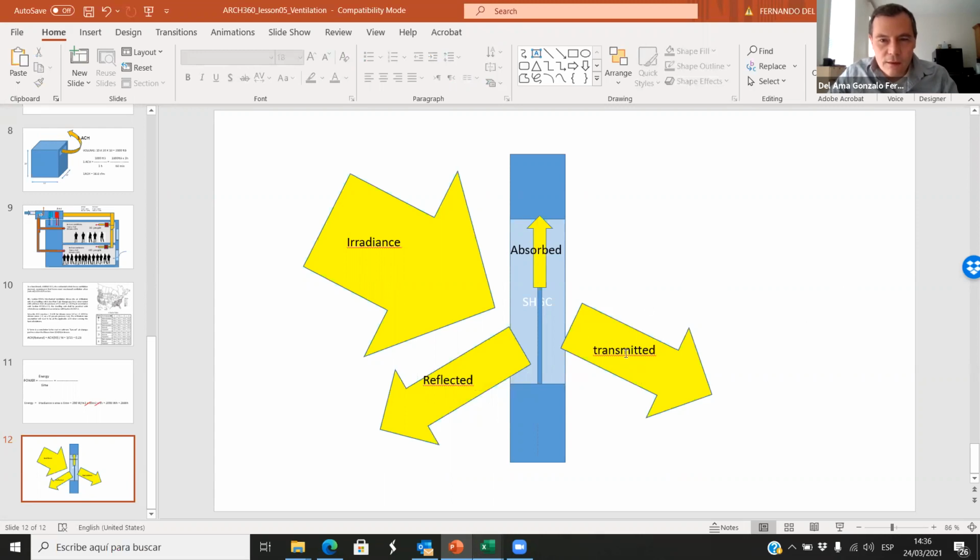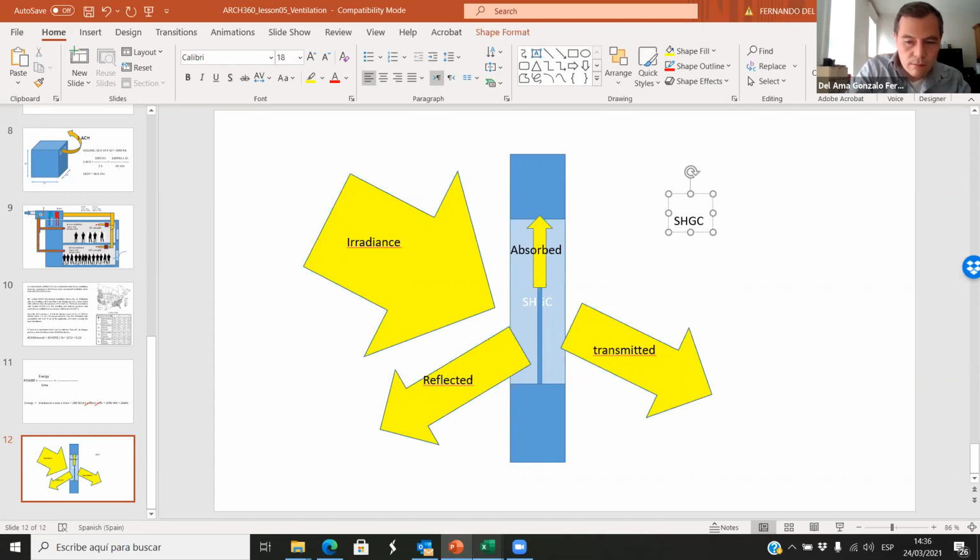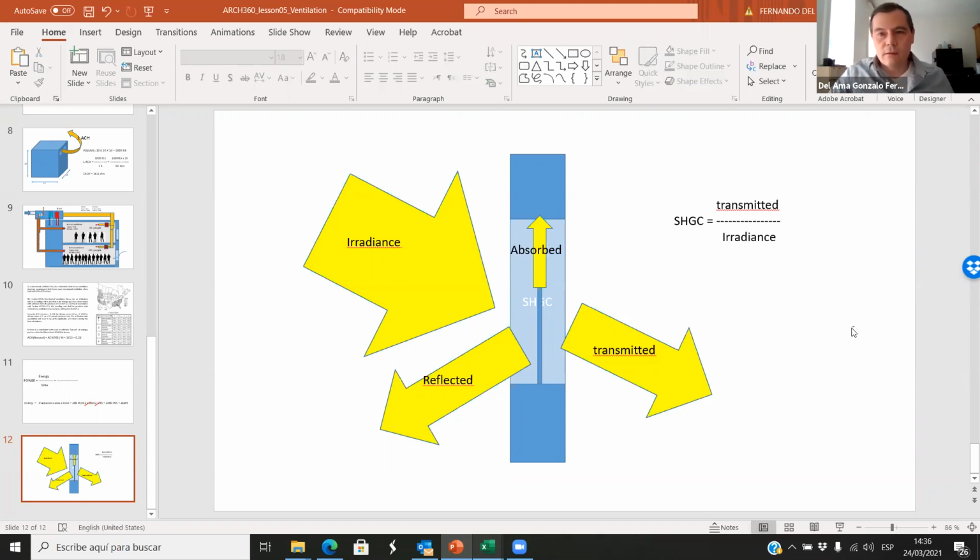Okay, so the solar heat gain coefficient is the ratio between the transmitted energy and the total irradiance that comes from the sun.